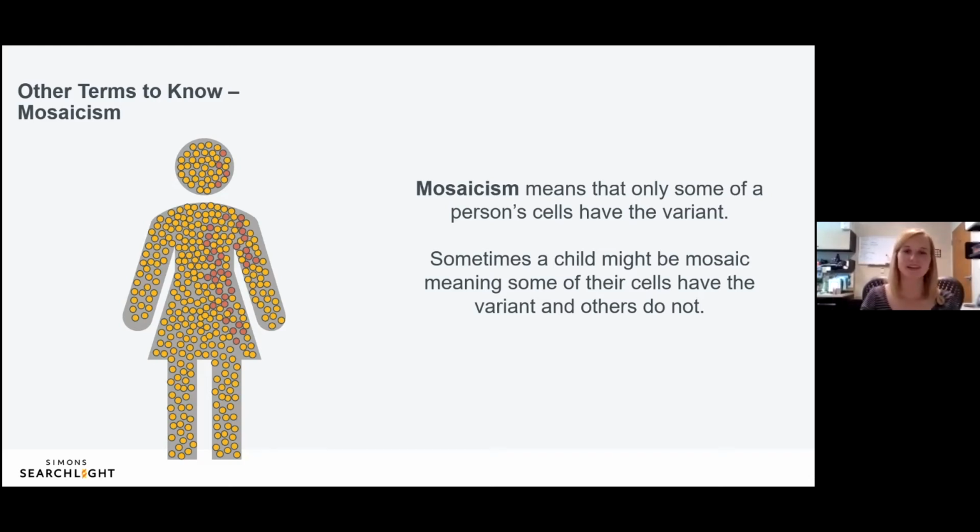And at that point, any cells that come from that one would have the gene change, while their other cells would not. Again, this is what we call mosaicism. These individuals who are mosaic may show us clinical signs, but they may not as well. It really just depends on what parts of their body have the specific genetic change.